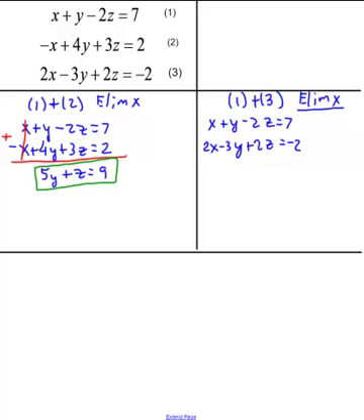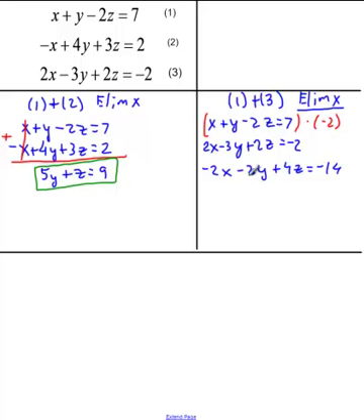That's why I'm going to multiply this whole equation by negative 2. And my new equation is going to be negative 2x minus 2y plus 4z equals negative 14.